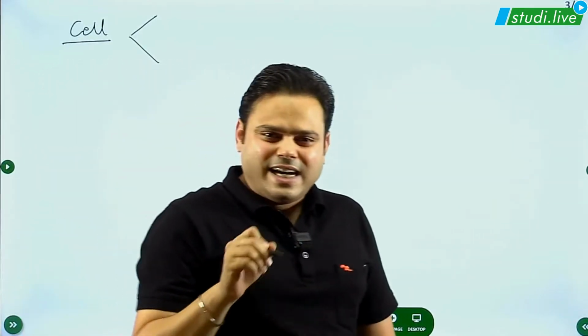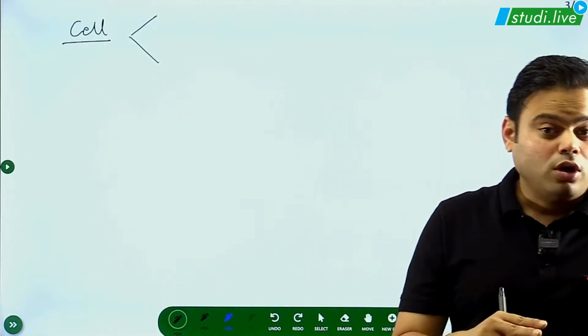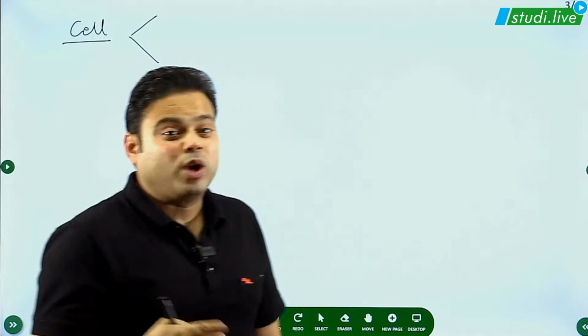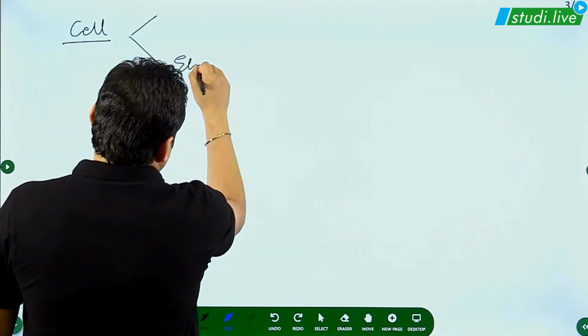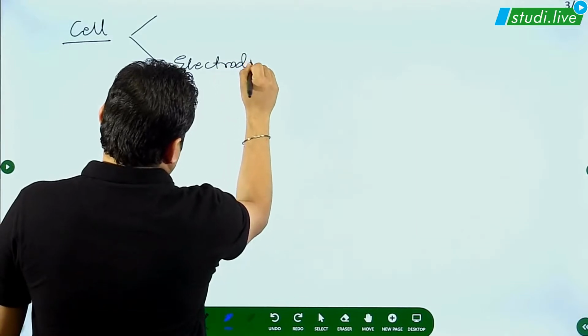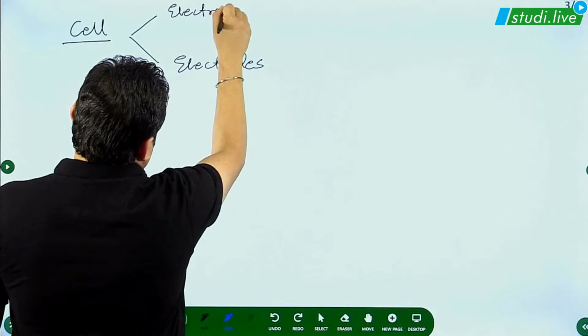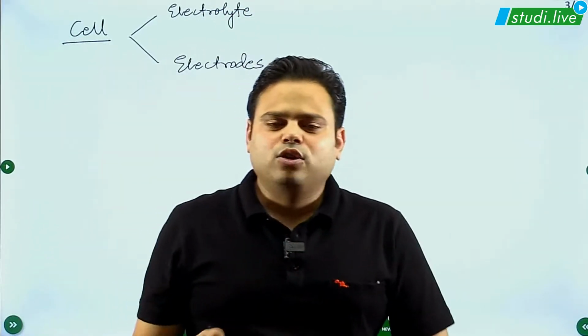Students, हर cell का दो components होता है. What makes up a cell? What are the parameters that are required in order to construct a cell? You need two things. You need a set of electrodes, and you need the electrolyte.